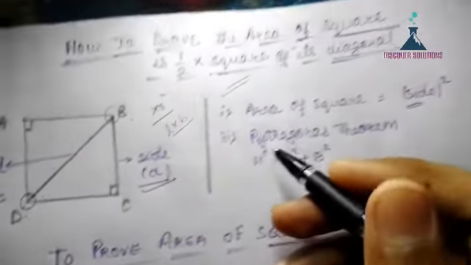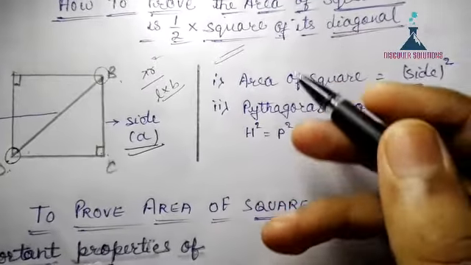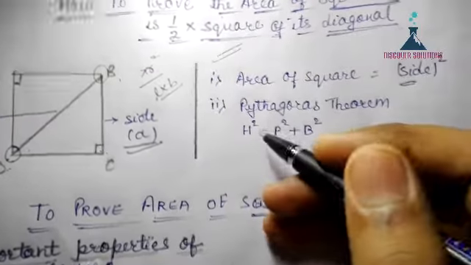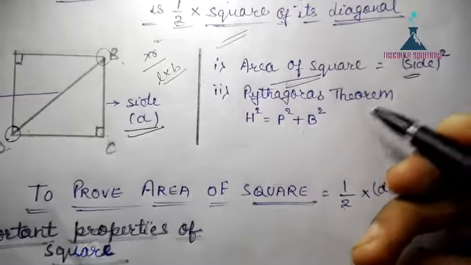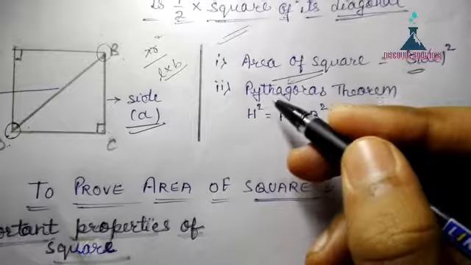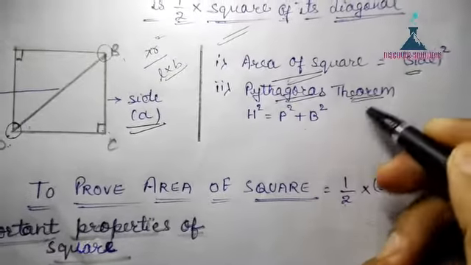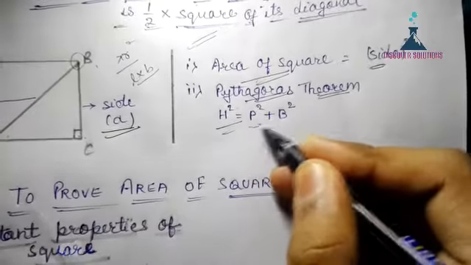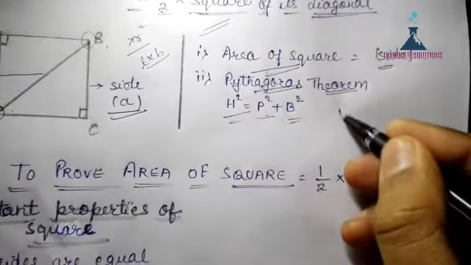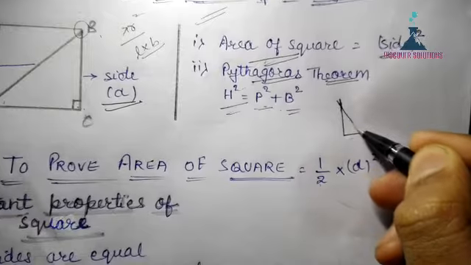Today I'm going to prove that the area of a square is half into the square of its diagonal by using two formulas that you can see. The area of a square is side square, which we know normally, and second is the Pythagoras theorem, which is applicable for the right angle triangle, that is h square is equal to p square plus b square.